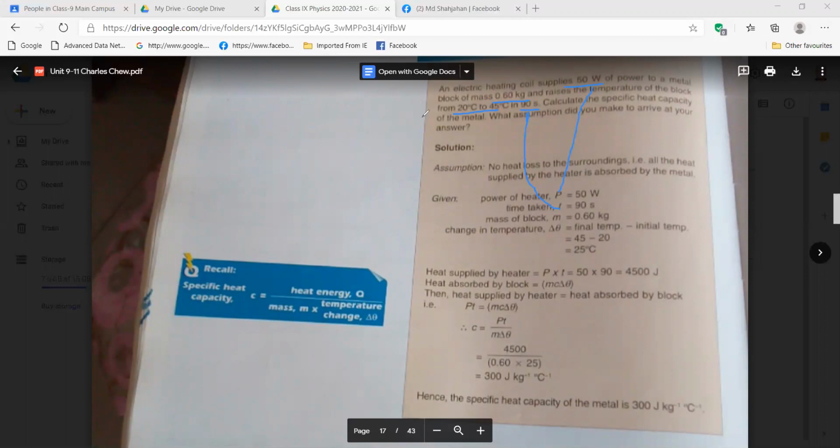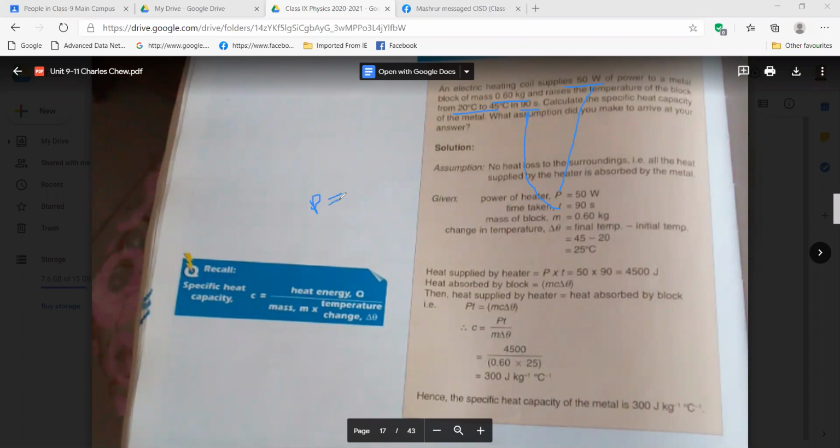One minute. Power equals work done by time, or energy by time, right?